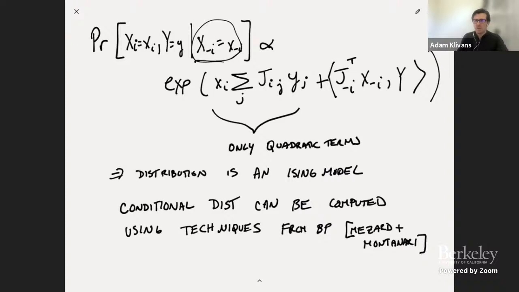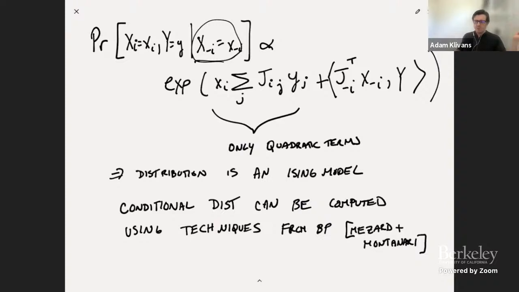Those are the only quadratic terms that appear after you've conditioned. What this means is that the conditional distribution actually is an Ising model. It's a star where xi is the root, and you have these yj's attached to it.